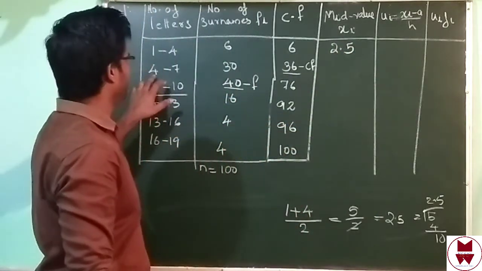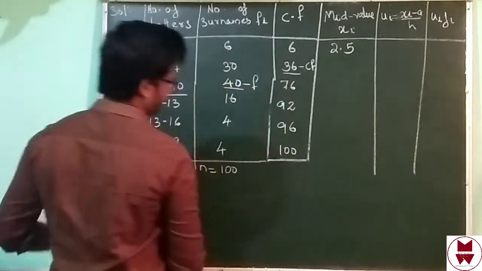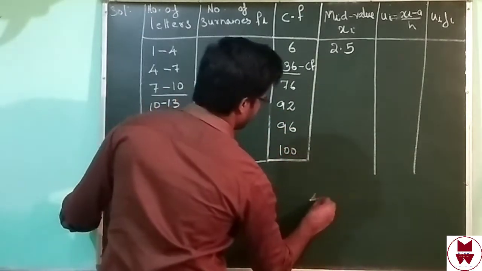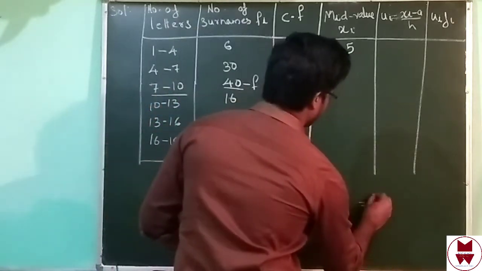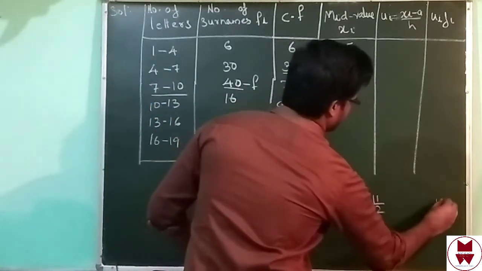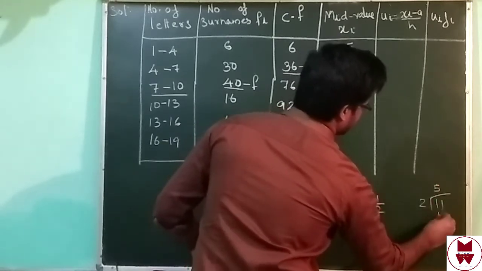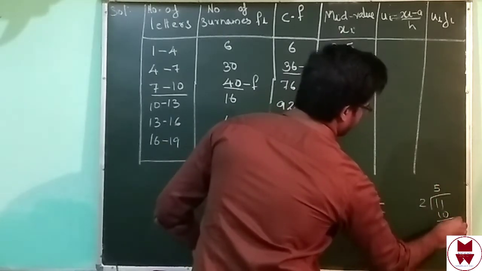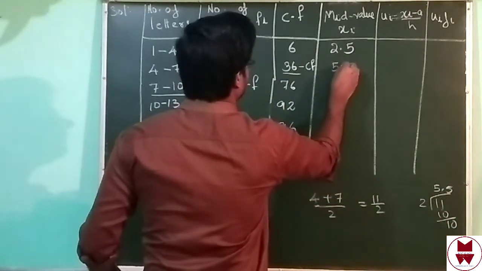Then 4 and 7, just add 4 plus 7 is 11 divided by 2, you will get 5.5.